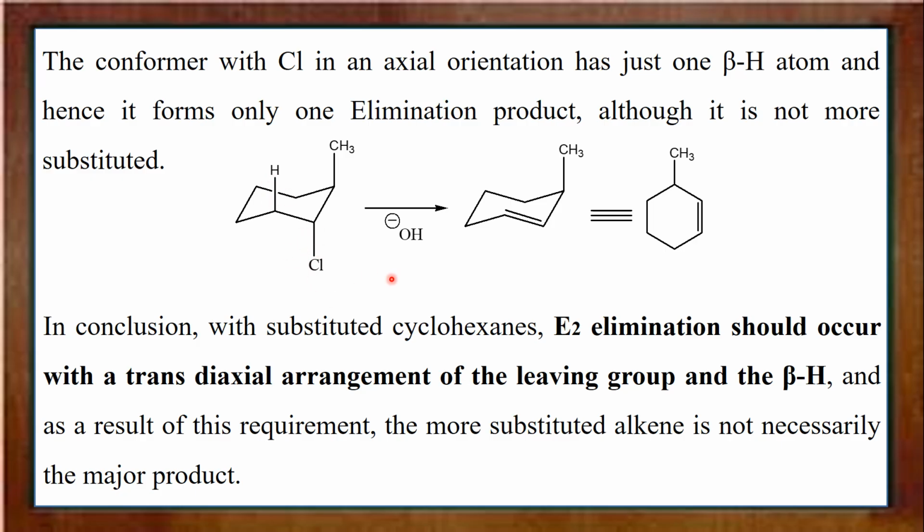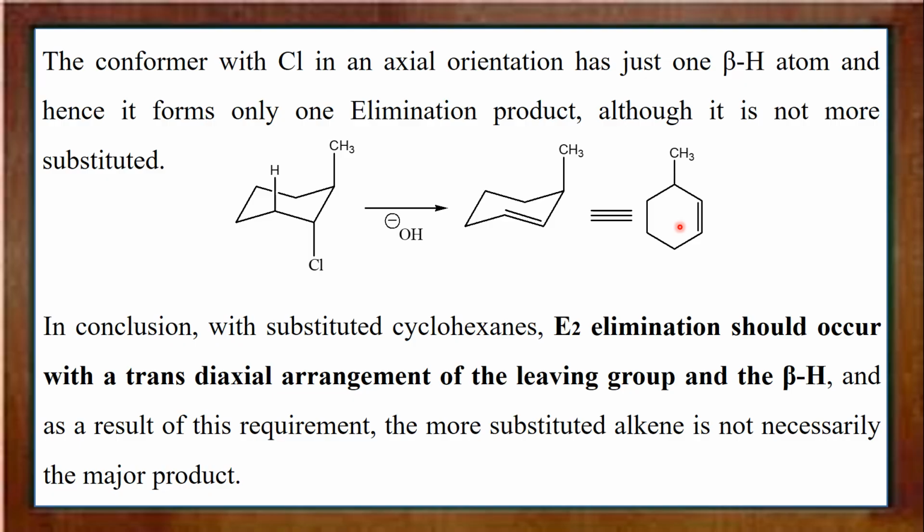When we add a base like alkoxide or hydroxide, the base approaches this hydrogen, abstracts it. When the hydrogen is abstracted, these bonded electrons move here, pushing out chloride. That results in the formation of an olefinic double bond here, and this is represented with the hexagonal structure like this.